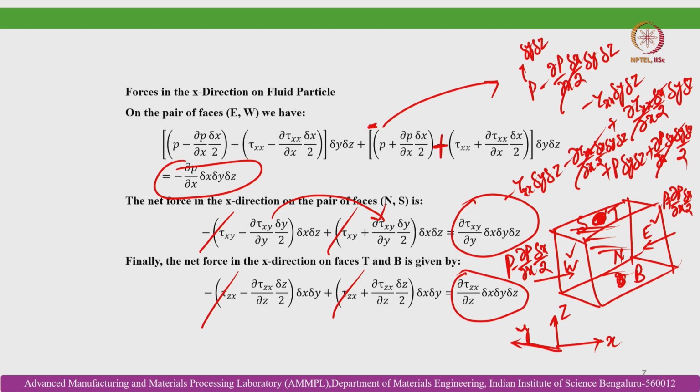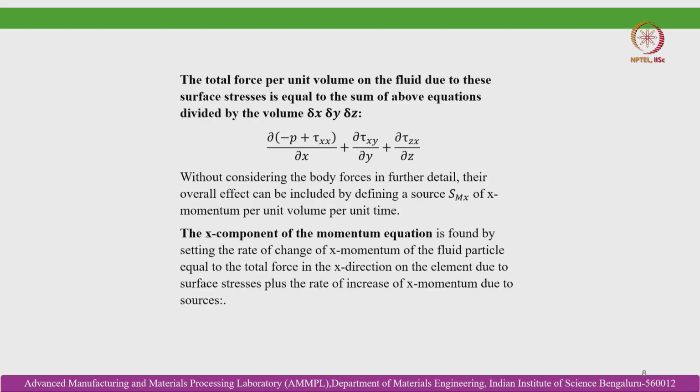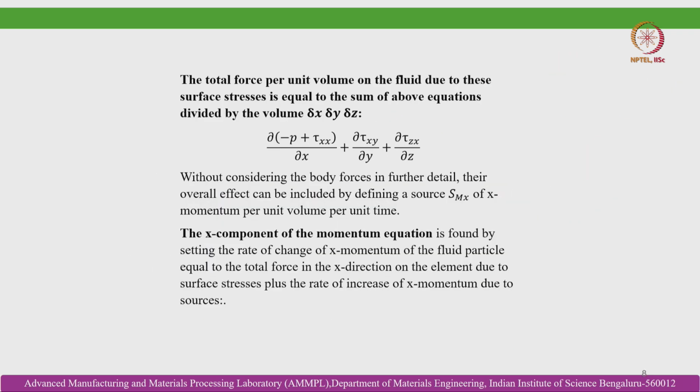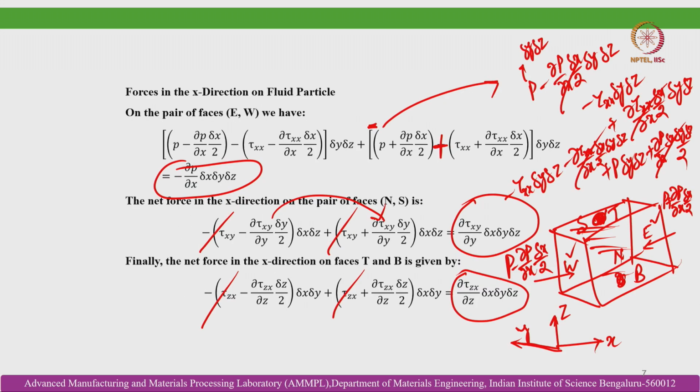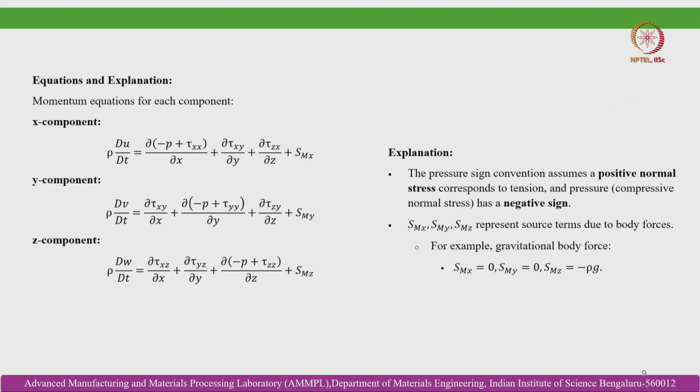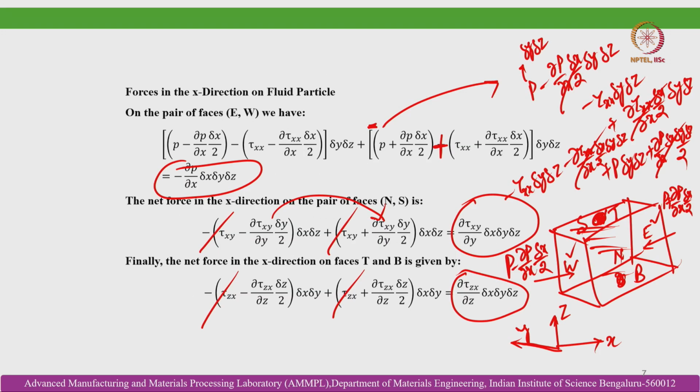If we add and divide by the volume δx δy δz, the resultant expression becomes: ∂(minus p plus τxx)/∂x, plus ∂τyx/∂y plus ∂τzx/∂z.